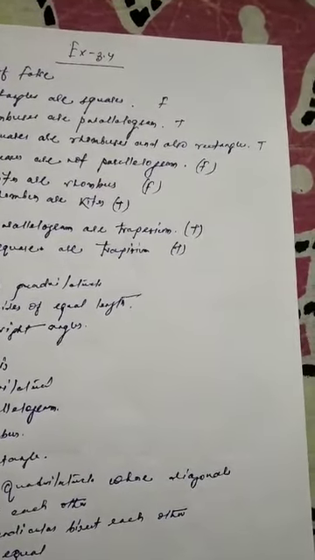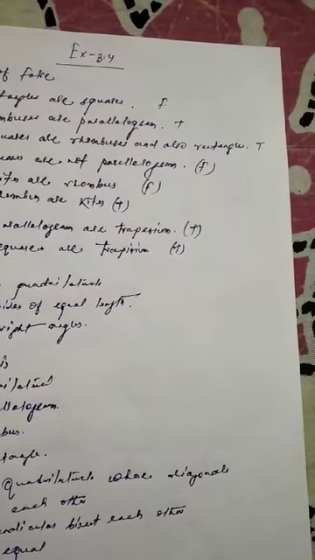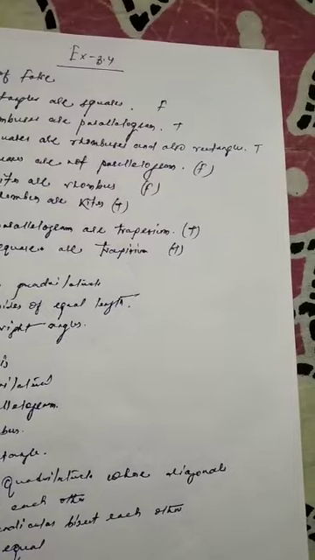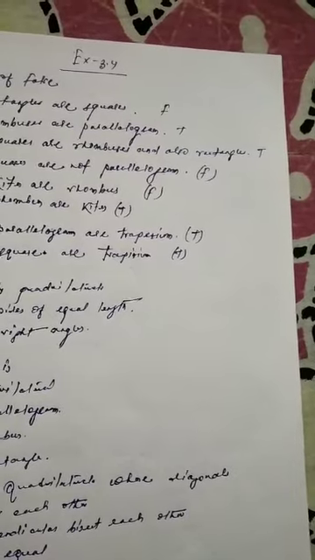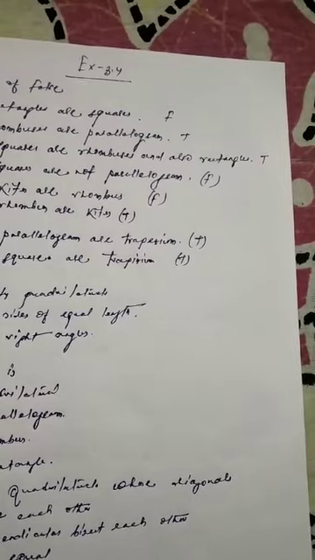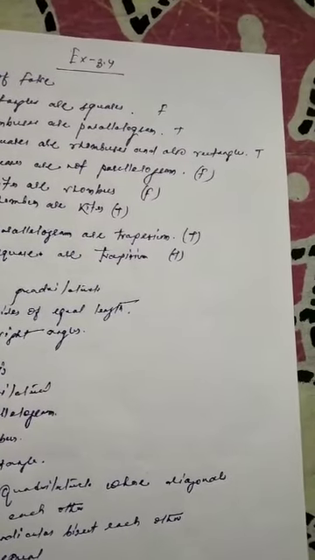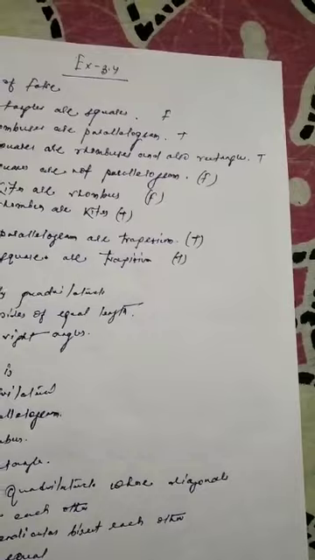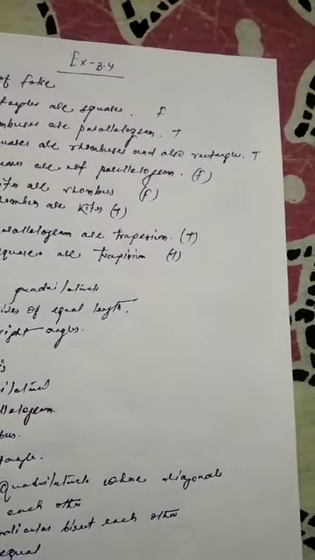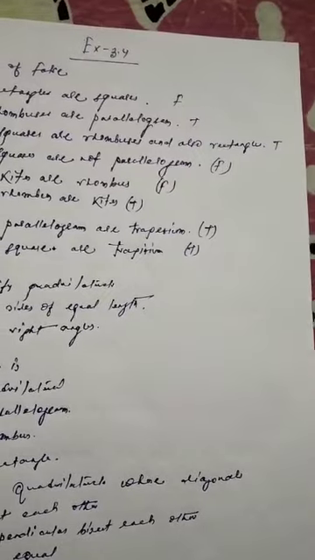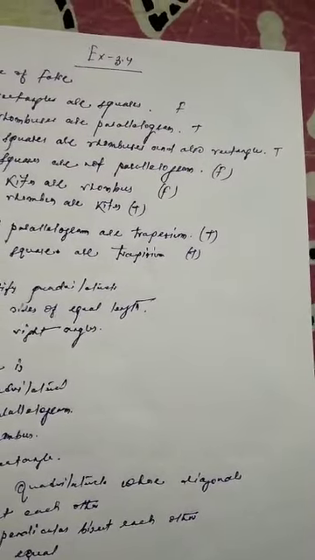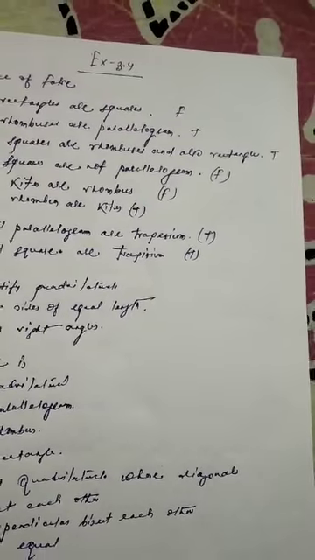In exercise 3.4, the first things given are state true or false. Then some provings and some logical questions are there. We won't go long on this exercise; we will briefly discuss it, and once I complete it, I want you all to practice these things very nicely.